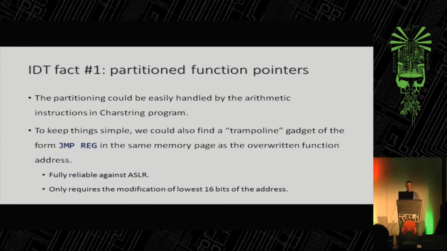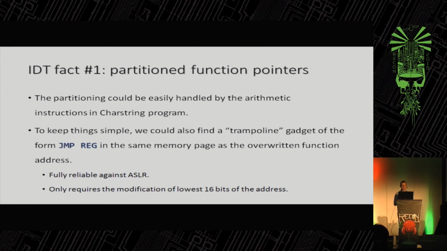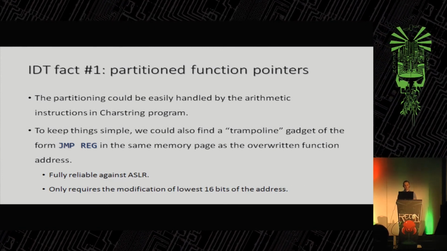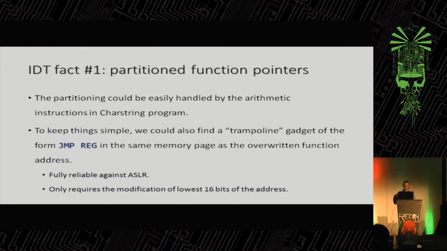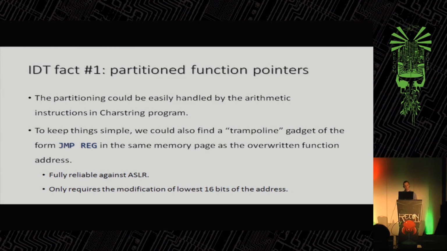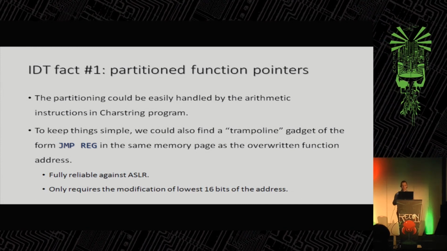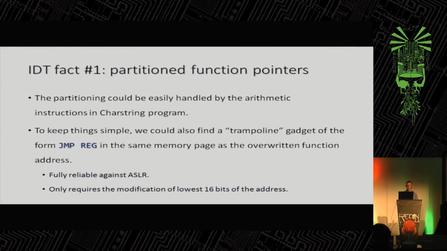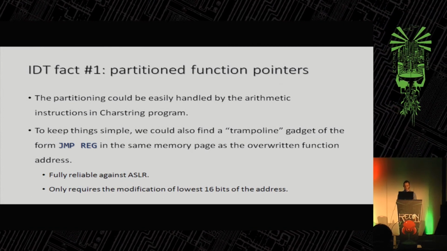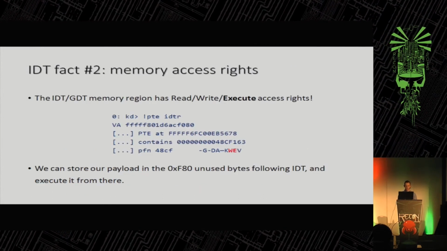But we could also keep things simple and just use a trampoline of the form jump register, and we could find such a gadget within the same memory page as the function that we are overwriting. In that way, we could just overwrite the low 16 bits of the address instead of the full one, and this would be fully reliable.